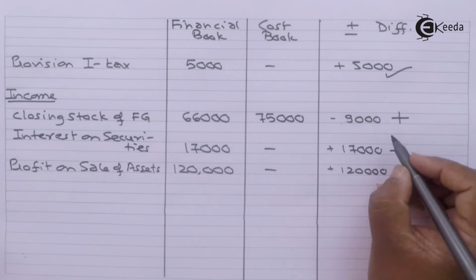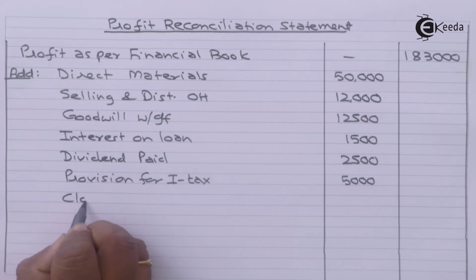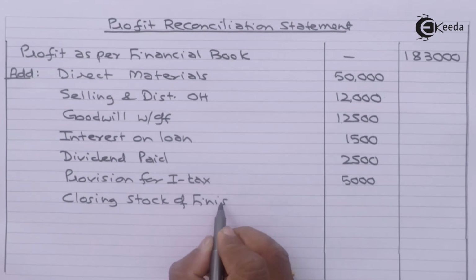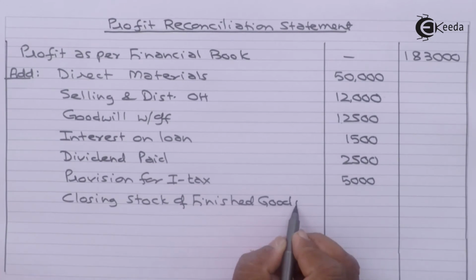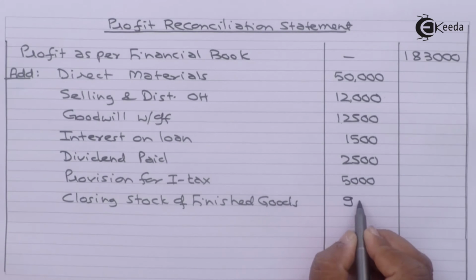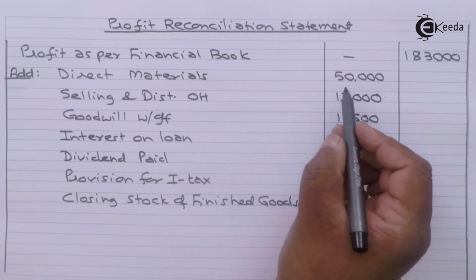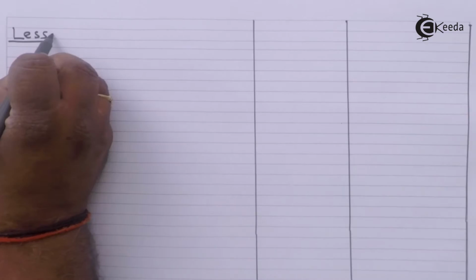Closing stock of finished goods 9,000. Subtotal of all these items will be added.